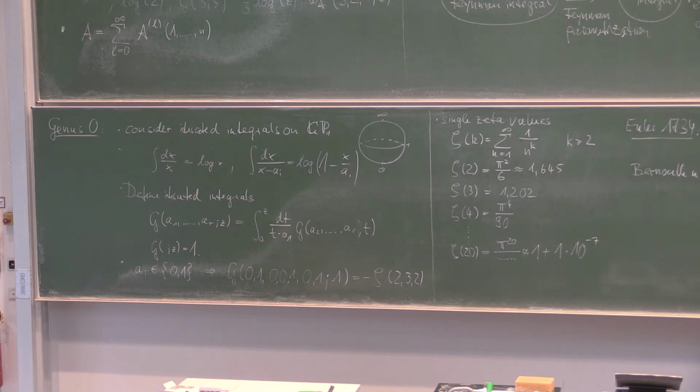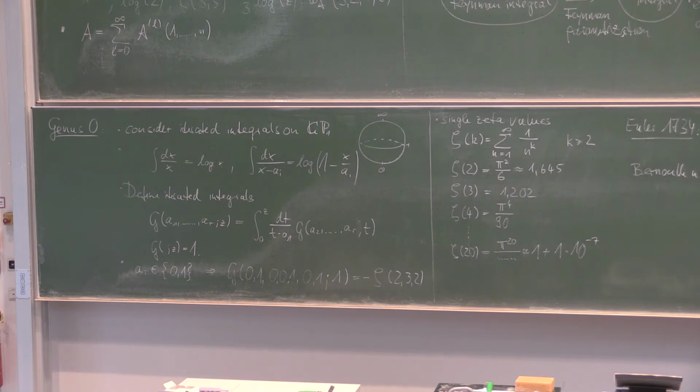Yeah, so the Bernoulli numbers you get from t over e to the t minus 1, and if you expand that, that is actually the definition, it's the sum from 0 to infinity of Bn t to the n over n factorial.